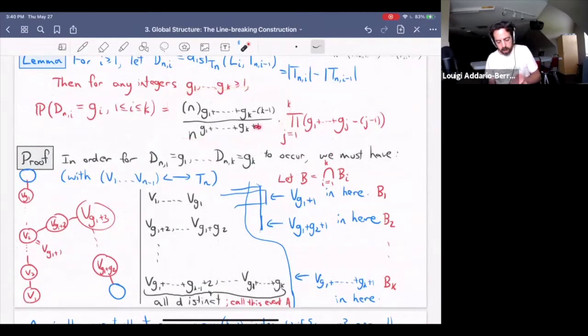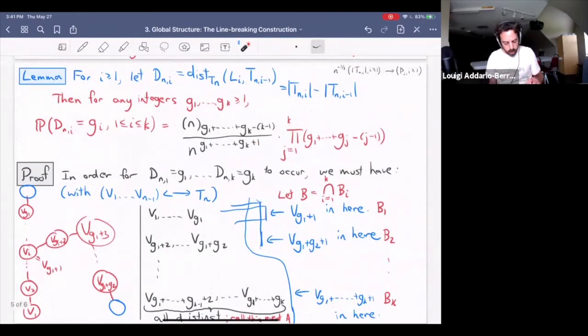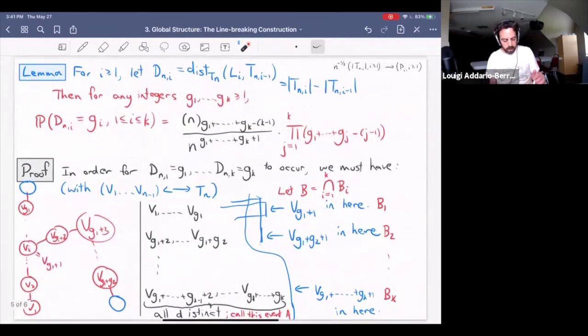We have the plus 1 on the bottom and the product of the sums of the gi's on the right. You have to think a little bit about what the bijection tells you. But after that, the proof is really a matter of careful bookkeeping to wind up with this expression. Any questions about that?